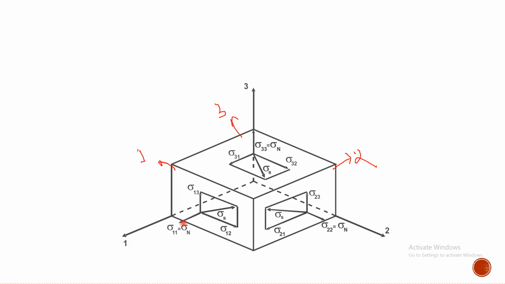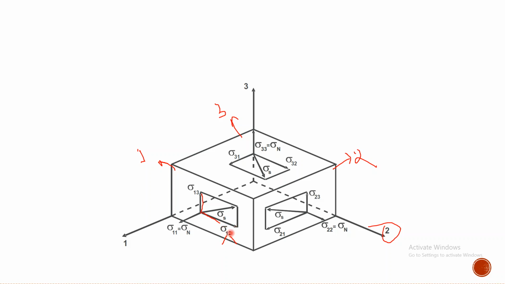The stress normal to that plane we usually call sigma 11. The tangential stresses are resolved into the other two directions, one in the direction of 2 and one in the direction of 3. To do the naming, we first indicate the particular plane, and second the direction. That is how we name the shear stresses.